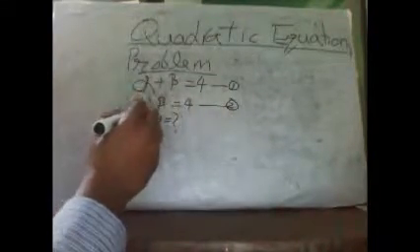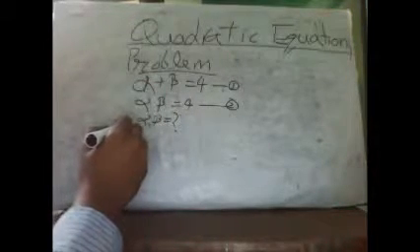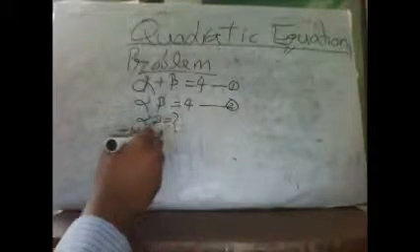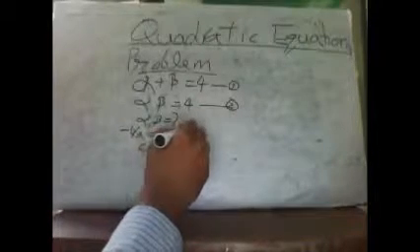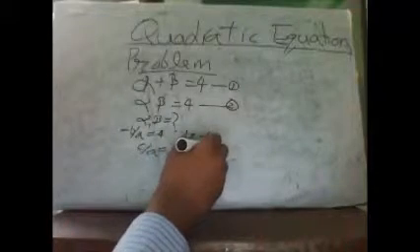To do that, we know the summation of roots alpha plus beta is equal to minus b by a, which is given to be 4. Product of roots is c by a, which is given to be 4. So b is equal to minus 4a, c is equal to 4a.